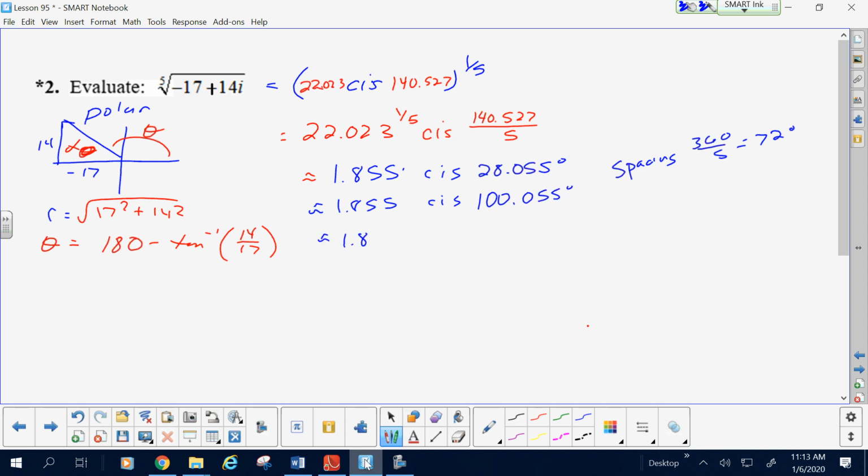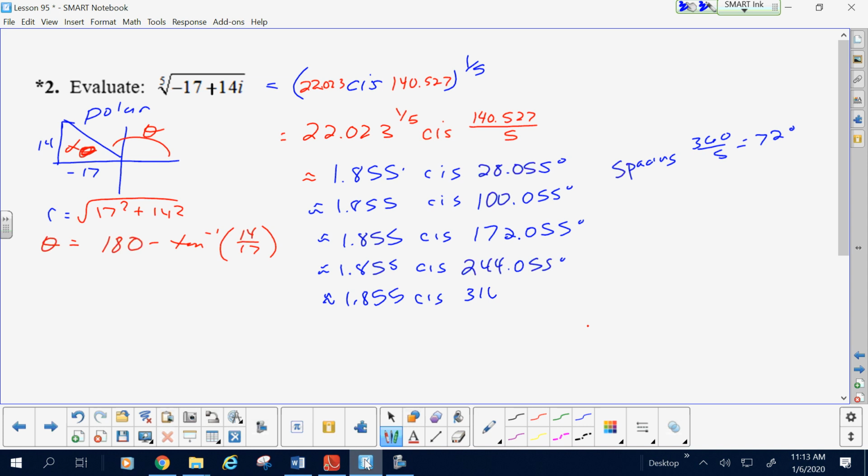Add 72 again. 172.055. What's 172 plus 72? 244.055 degrees. And add 72 again. 316.055.